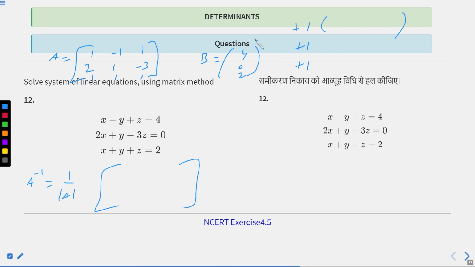So I'm writing this as determinant: plus minus plus, so this will be plus. So this will be 1 minus of minus 3, this will become 4. Now 2 minus minus 3 will be plus 3, so 5.